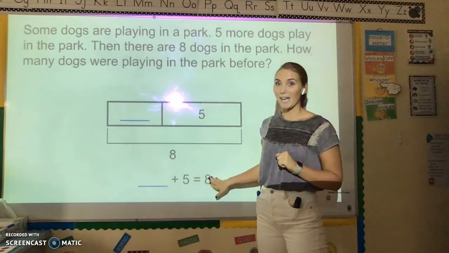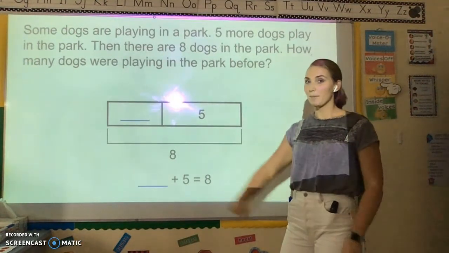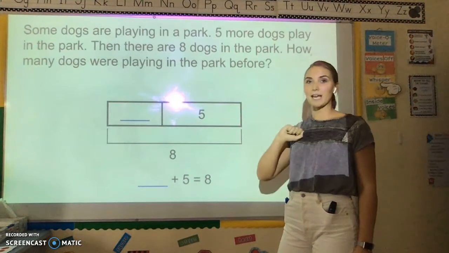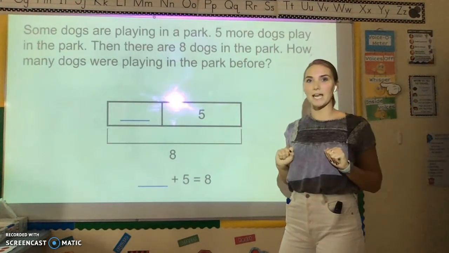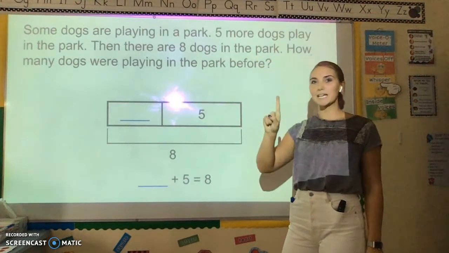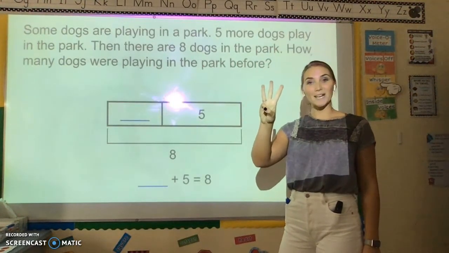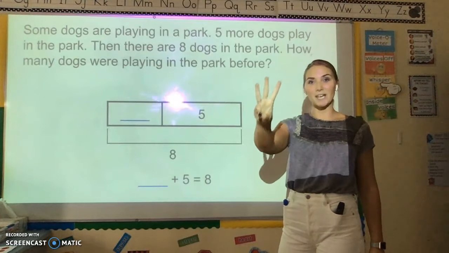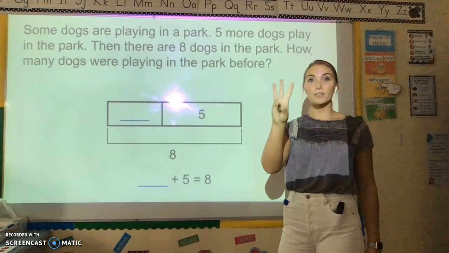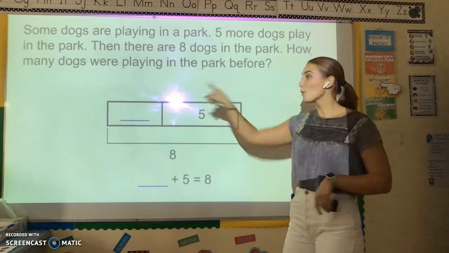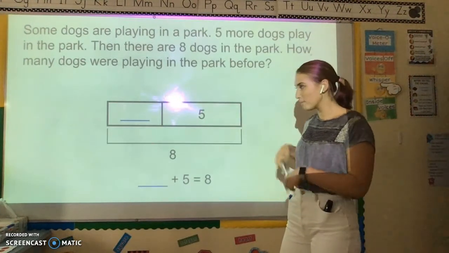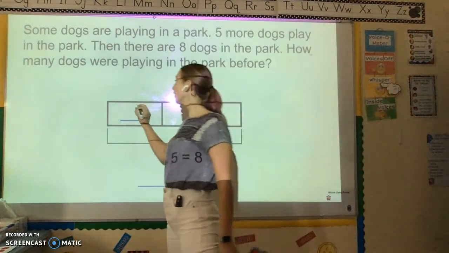When I get to 8. So, tap that 5 in your head, and then we're going to count up and stop when we get to 8. 5, 6, 7, 8. How many fingers did I have to count? 3 fingers. So my other part, my missing part, is 3.